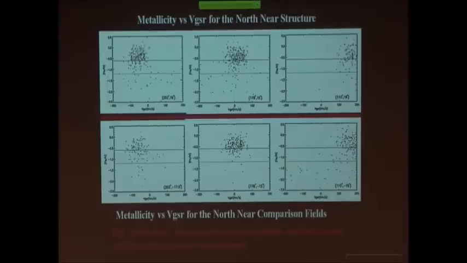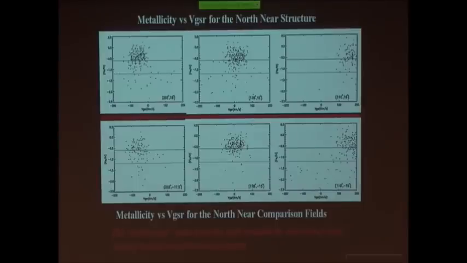And 110. Okay? And you'll see that the velocity changes with galactic longitude, which is what you expect for disk stars. In fact, they go exactly as you expect for disk stars. And the metallicity, these are all at about plus 15, and these are all about minus 15 galactic latitude. The metallicity looks like the metallicities of thin disk stars, which you would expect at that latitude, and doesn't seem to really have anything to do with longitude.